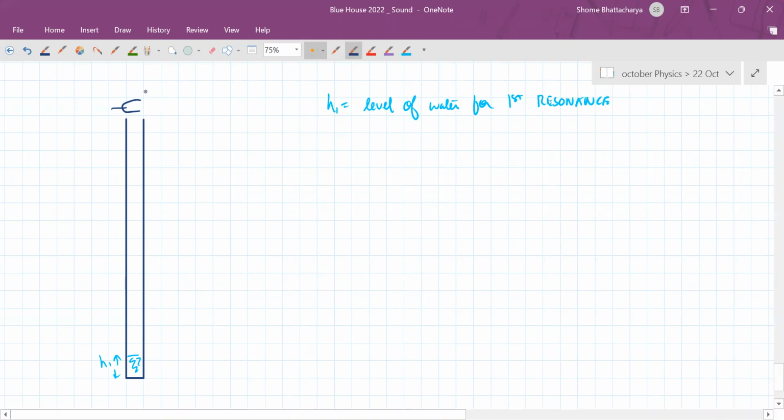So what is happening at that point of time is that the natural modal system is such that this length, L minus H1, is in some mode like this.